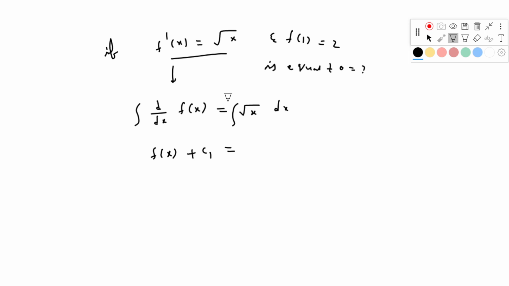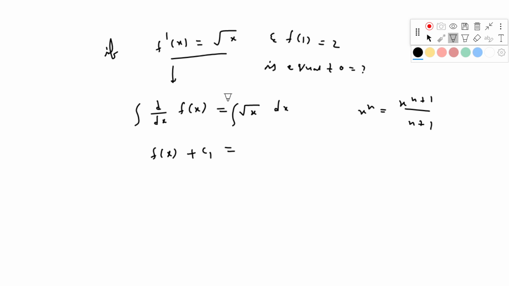Here root over x, what is the integration? Root x means x power 1 by 2. So the integration of x power n equals x power n plus 1 by n plus 1. In place of n we have 1 by 2, so x power 1 by 2 plus 1, over 1 by 2 plus 1.